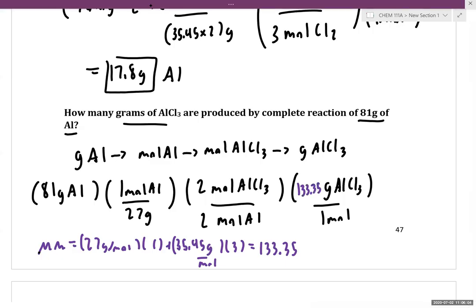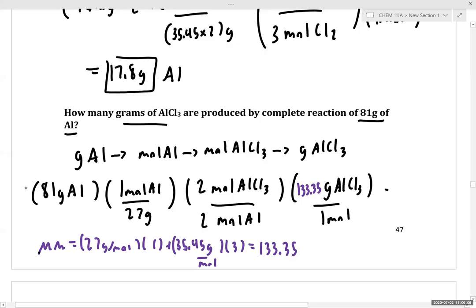So now let's punch this entire calculation into our calculator. And that in turn gives us a mass of aluminum chloride of 400 grams. That we write as 4.0 times 10 to the second grams of aluminum chloride.